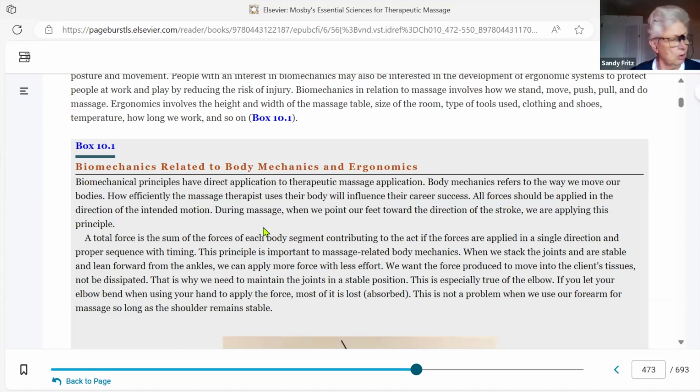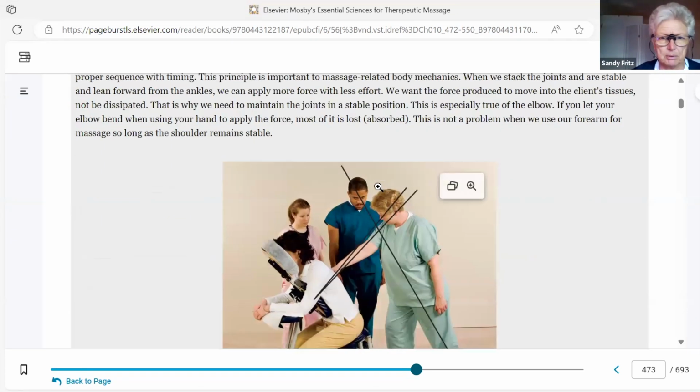And so there hasn't been a ton of study in the massage world about appropriate biomechanics, but the Massage Therapy Foundation has been engaged in study. And so in Fundamentals of Therapeutic Massage, the concepts we present there for you are based on solid biomechanical and ergonomic principles.